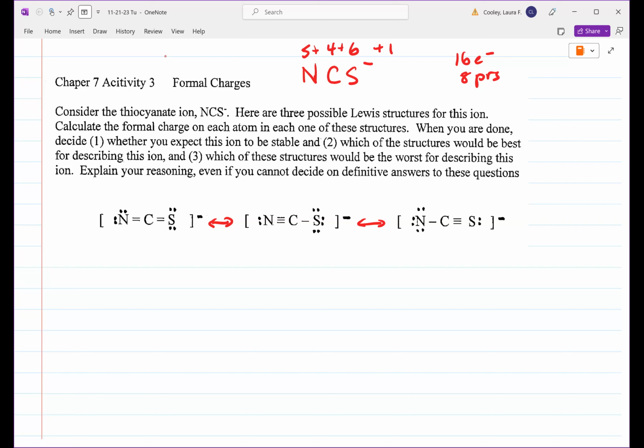Okay, let's take that first nitrogen on the left structure. How many electrons are associated with that first nitrogen on the left structure? 6. Exactly. So what is the formal charge? Why do you say that? Nitrogen is in group 5, it's not in group 6.